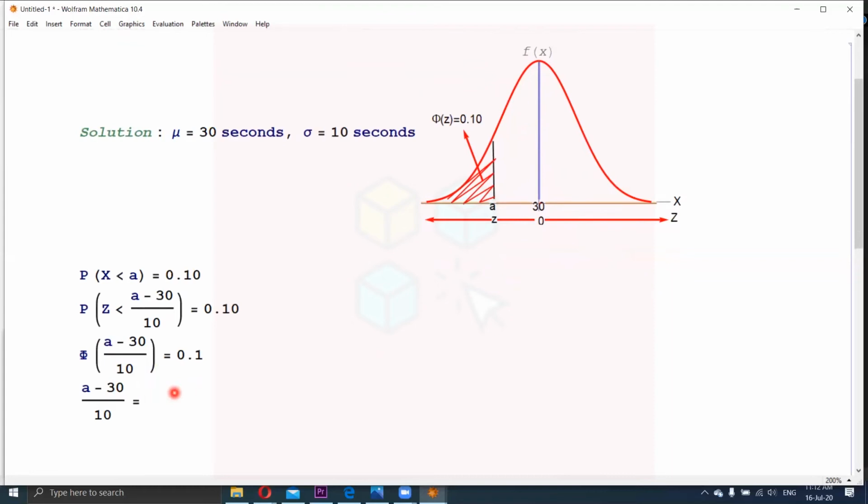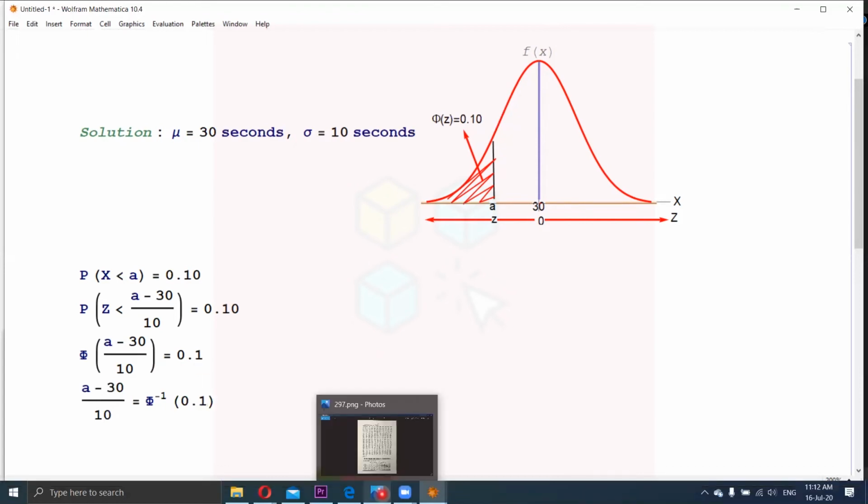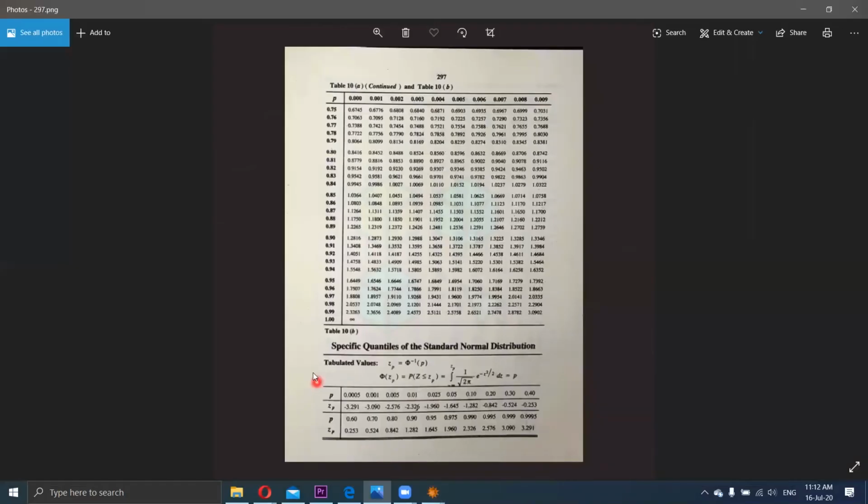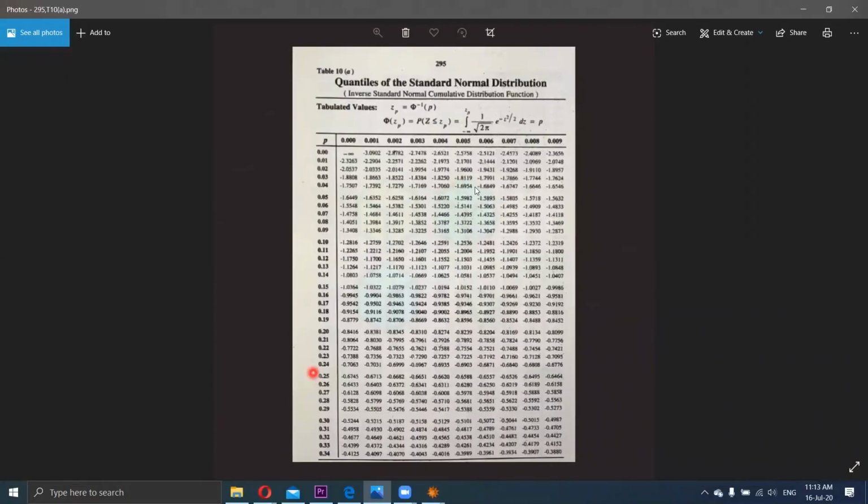from the table. We will write it here, capital Phi inverse, because it is now on the other side of the equal sign, so we will write it as 0.1, and from the table, phi inverse table, which is 10a, we will observe from table phi inverse of p, the value of 0.1 is here, and its value is minus 1.2816.